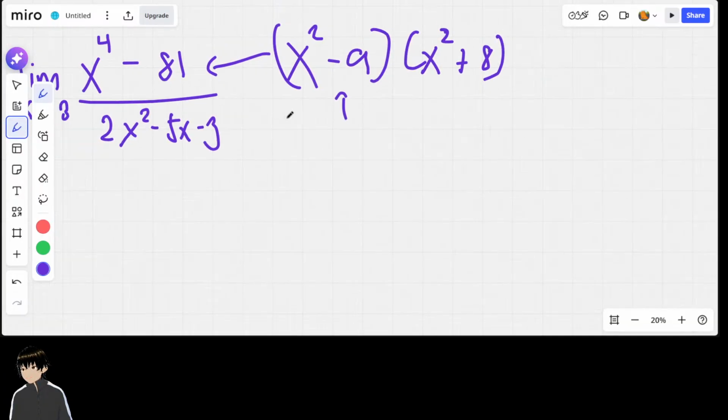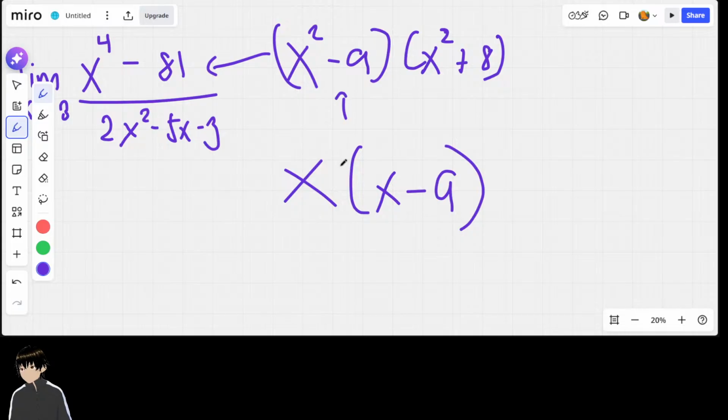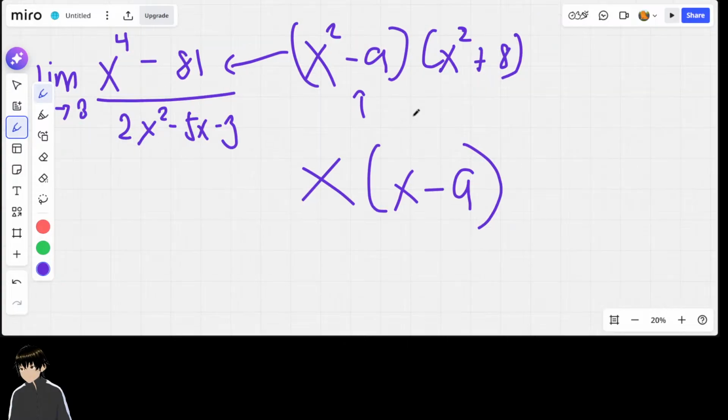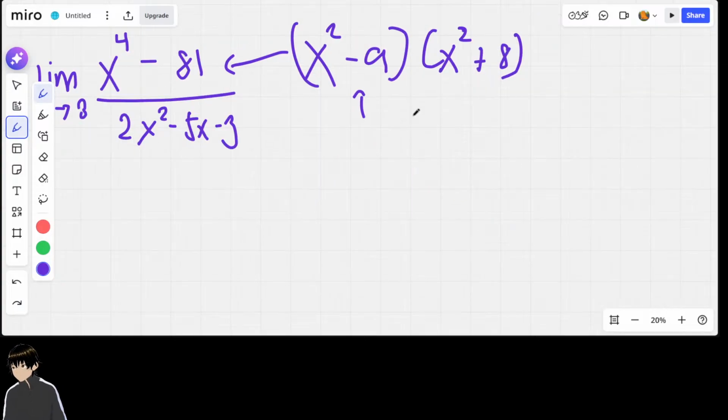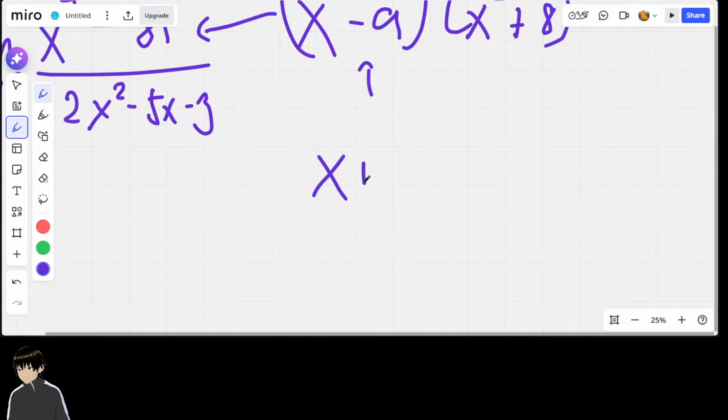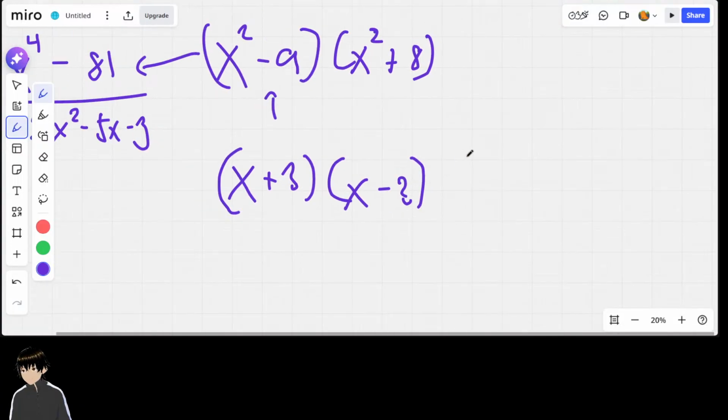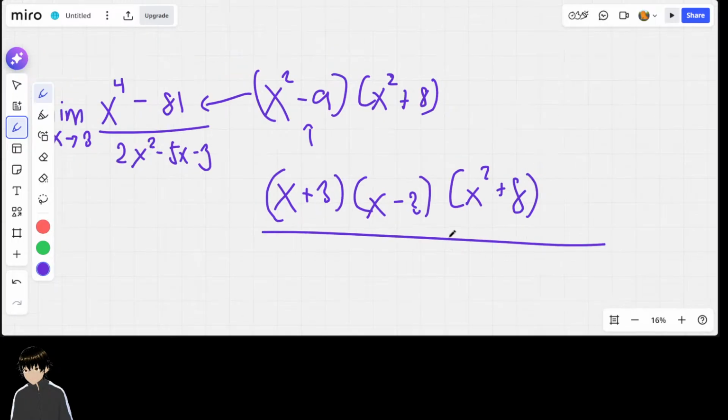So I think it's going to be x plus 3 and x minus 3, times x squared plus 9, and then over... Oh, why 8 is actually 9.